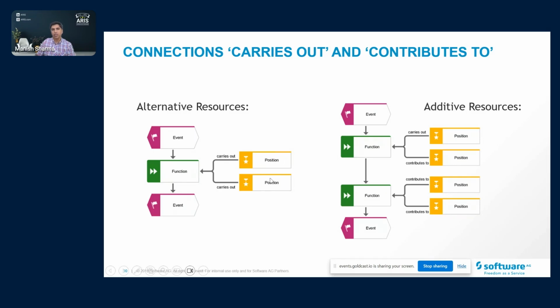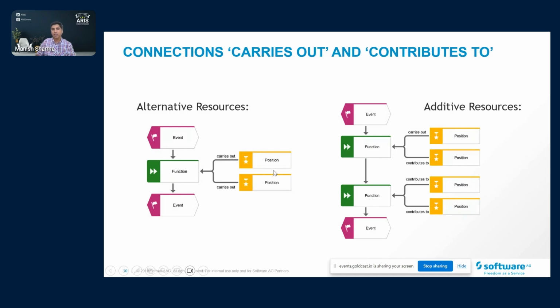Else you could have this additive resource where there's a carries out and then there's a contributes to. So both of them are needed to complete this activity. And then you can say what's the percentage, as I said earlier, 70 and 30. So 70% is contribution from the first position and 30% from the other, but both of them are needed to complete this activity.